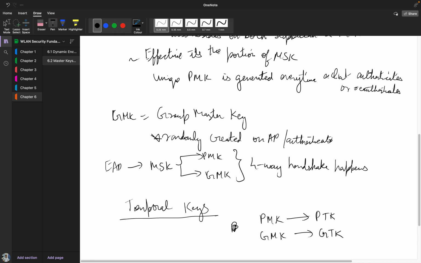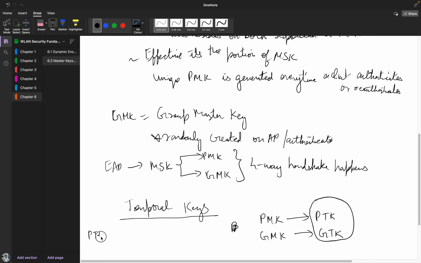We will discuss this in the four-way handshake video also, but PMK is what gives rise to PTK, which is called pairwise transient key, and GMK gives rise to group temporal key. Now these two keys are the keys that are used to encrypt the 802.11 transmissions.